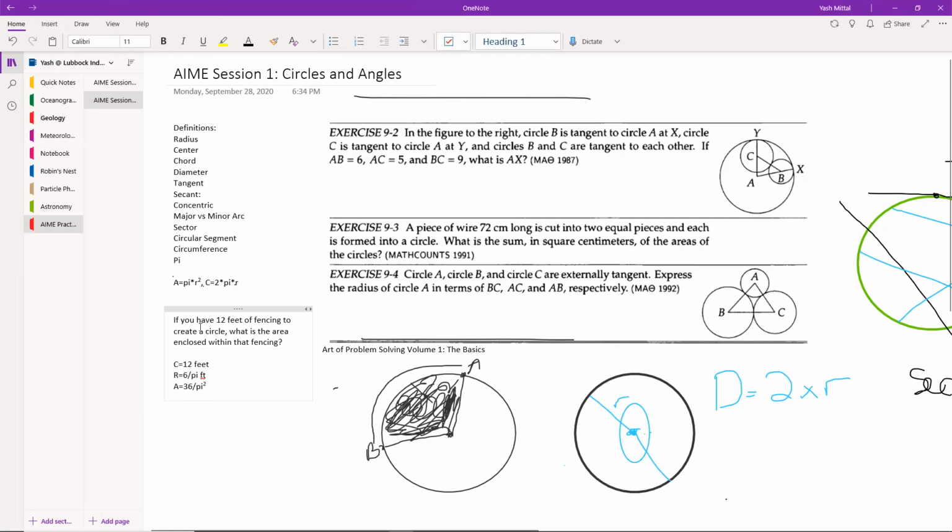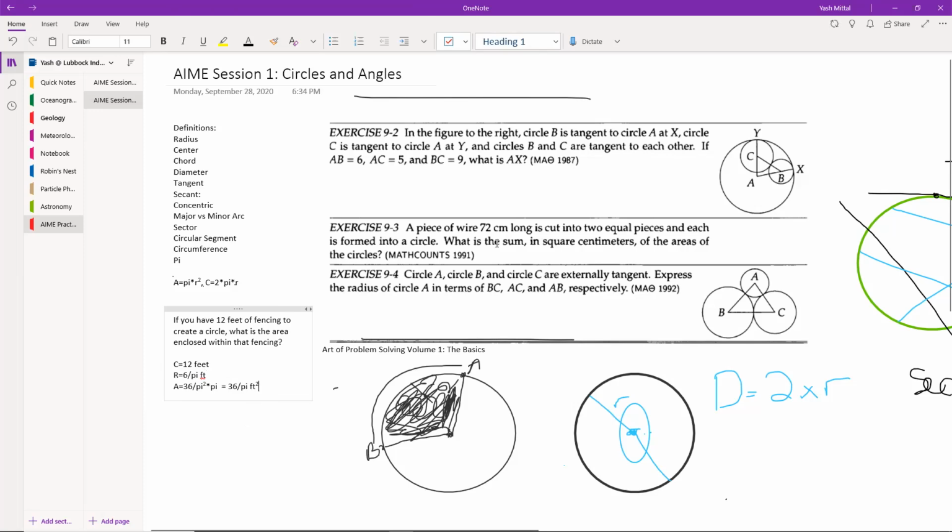Pi squared times pi simplifies further into 36 divided by pi, since there's a pi squared in the denominator and a pi in the numerator, one of them cancels out, leaving only one pi in the denominator. So your final answer would be 36 over pi feet squared.